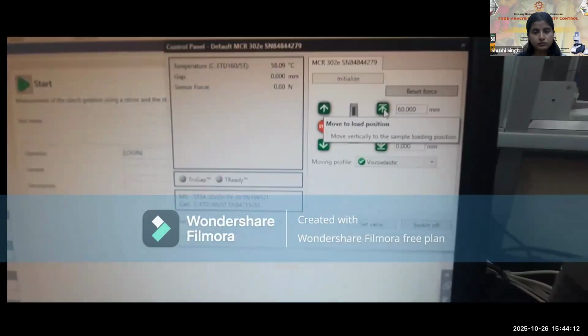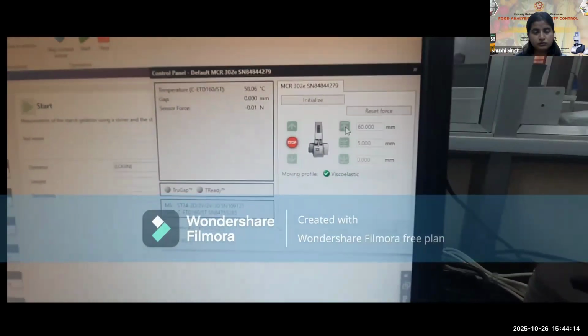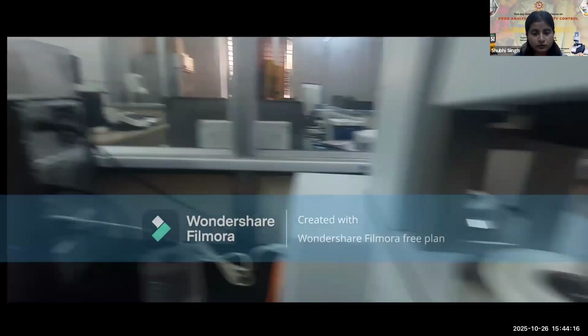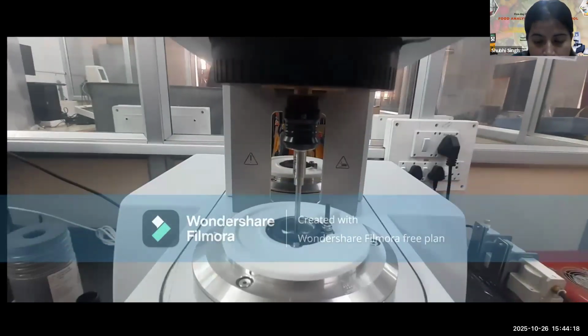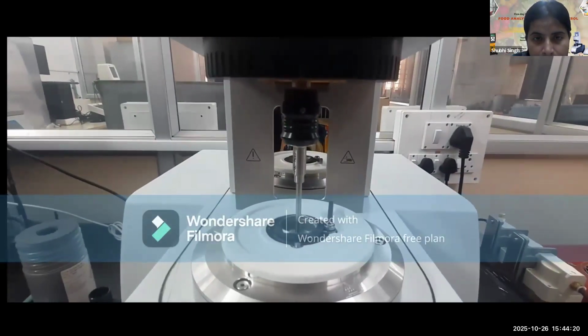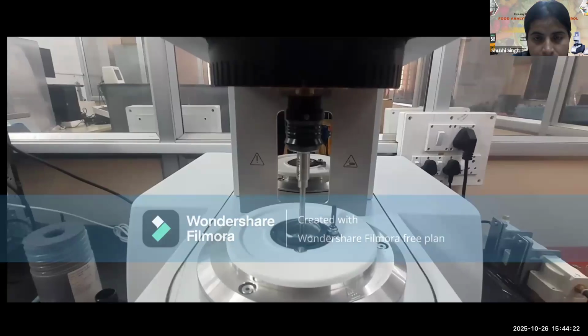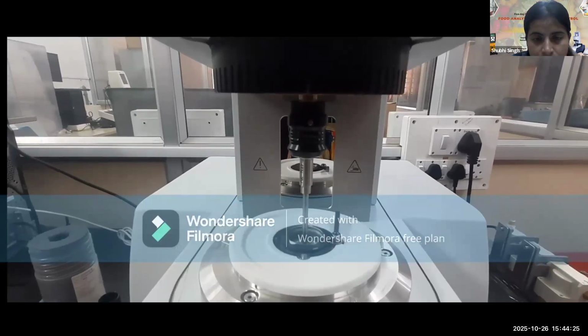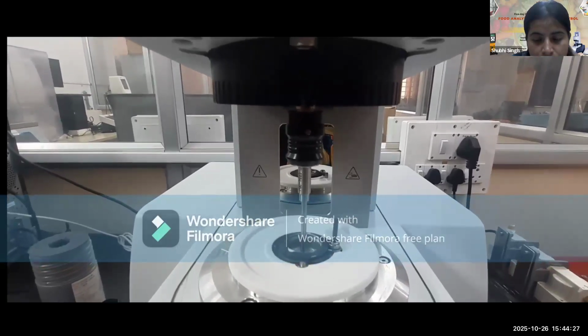The graph is being plotted and it will be interpreted in the next video. Now, the probe is allowed to move in the upward direction from the control panel.